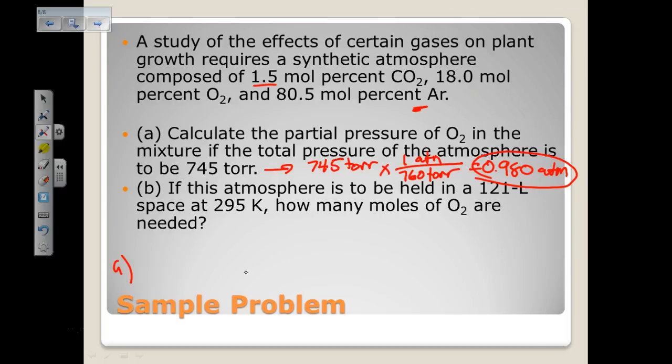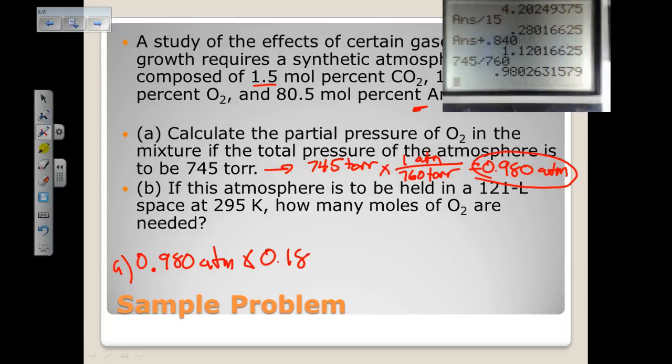So there it is. So we're going to go 0.980 atmospheres times, now remember 18%, okay, 18% is really, when we do math, is 0.18. And so let me call up my calculator. You can see the math that I did for that one now.